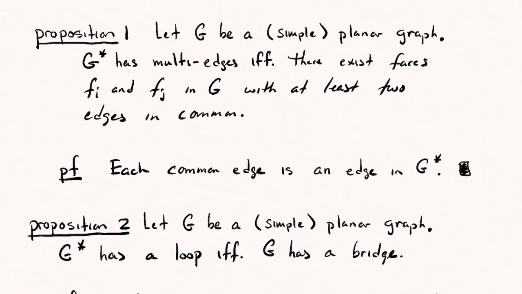Well, it must be a pair of vertices that are connected by more than one edge, and those vertices would get connected by more than one edge if and only if the faces that you're talking about, that are dual to those vertices, were incident with more than one edge. So each common edge between 2 faces is an edge in G star.